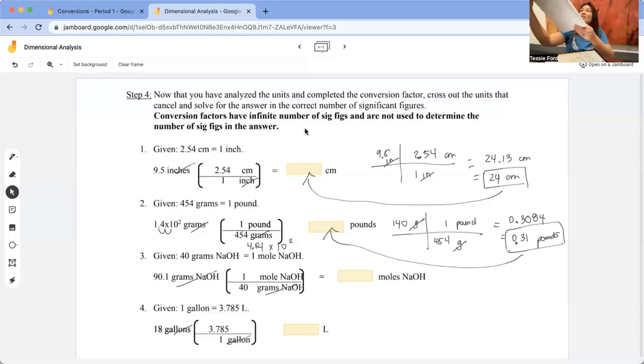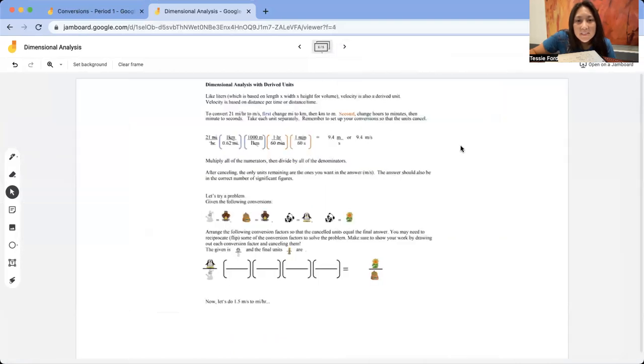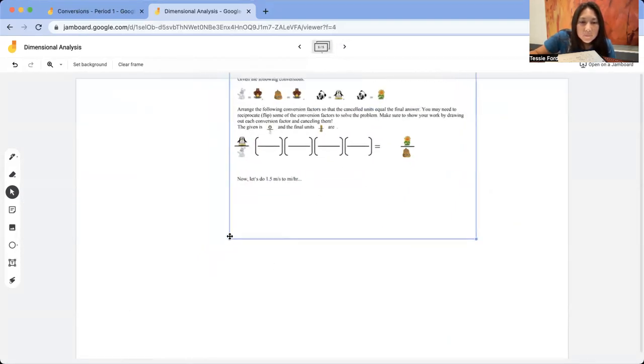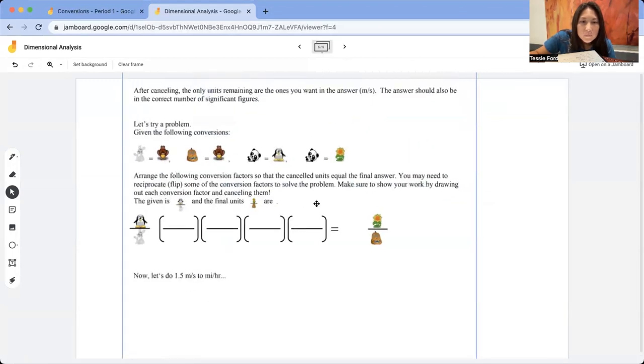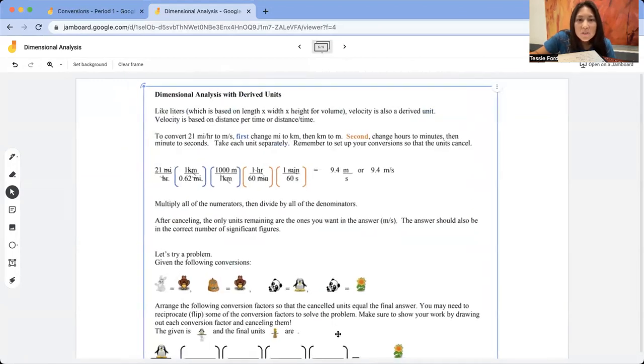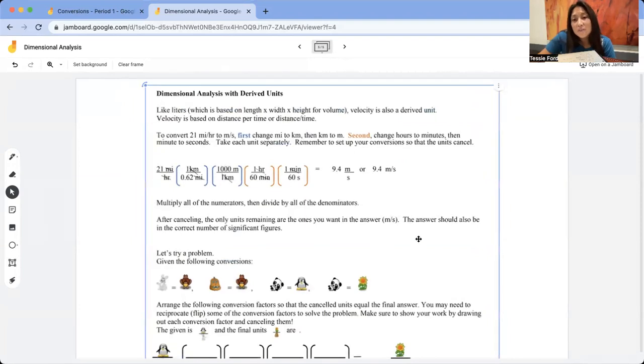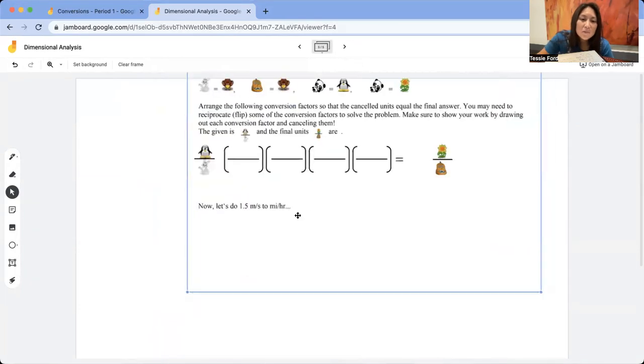There's a bunch of different characters, and then it says dimensional analysis with derived units. I'm going to zoom in. Derived units is pretty much when you have a ton of units and you're trying to change them. So for example, right here, I'm going to zoom in a little bit more.